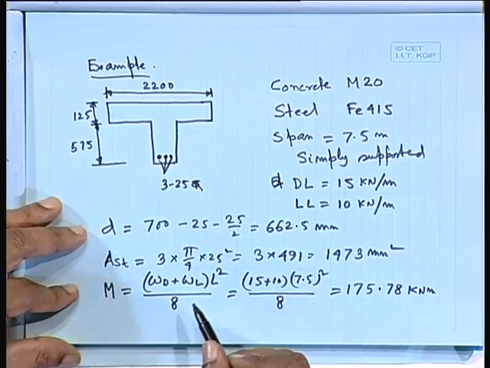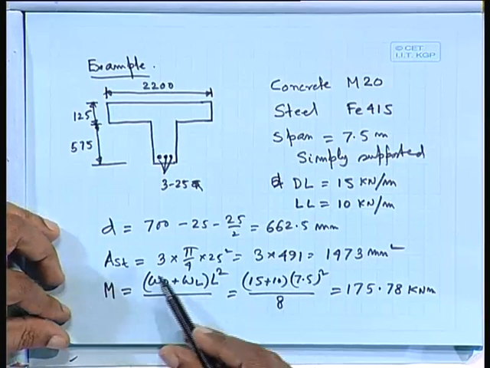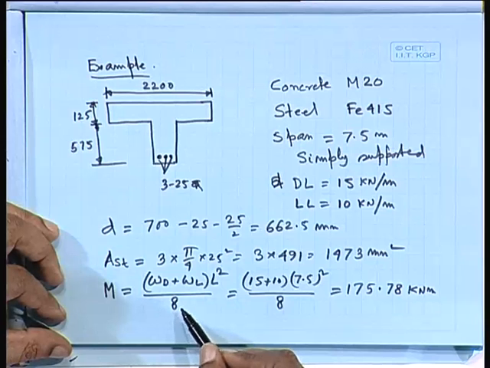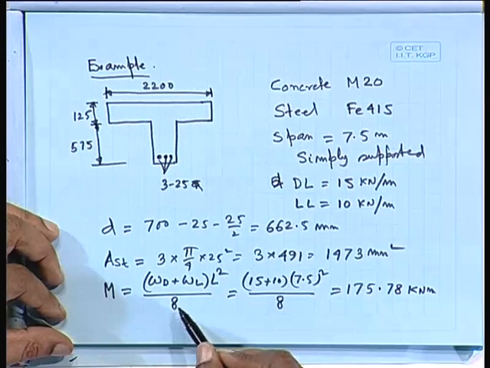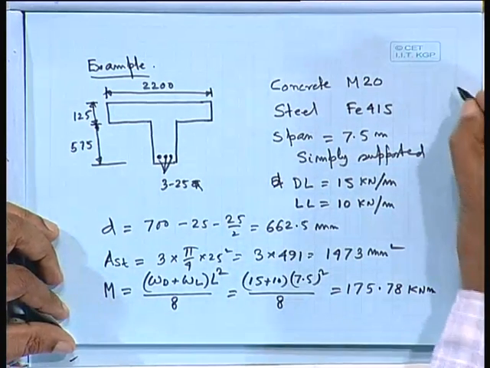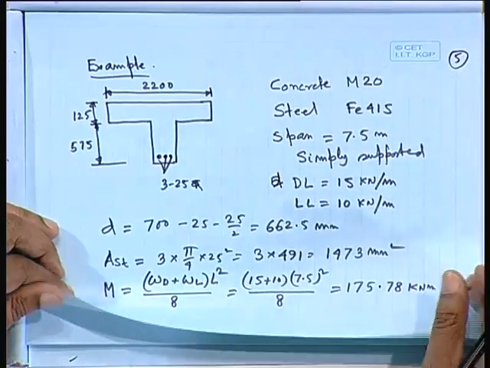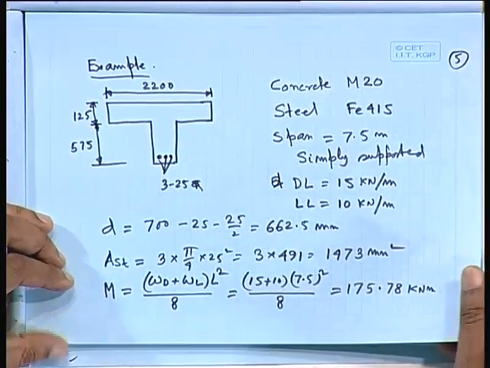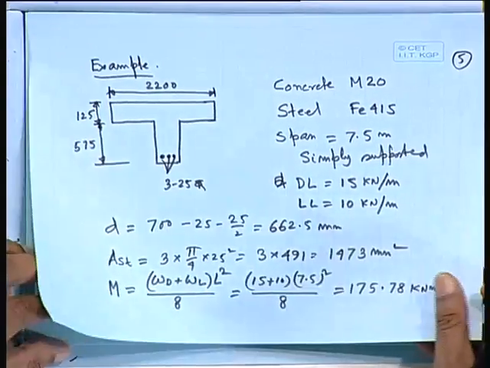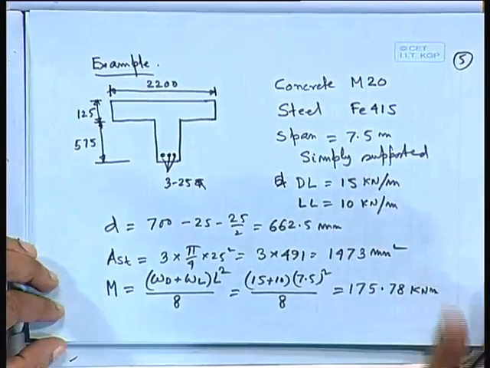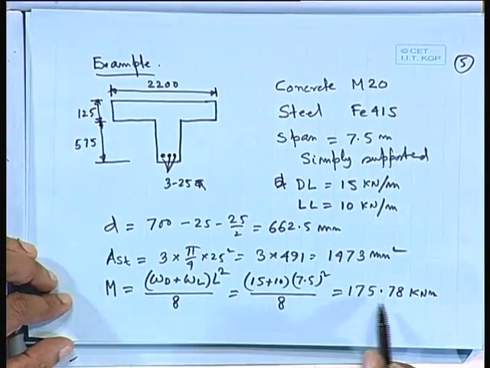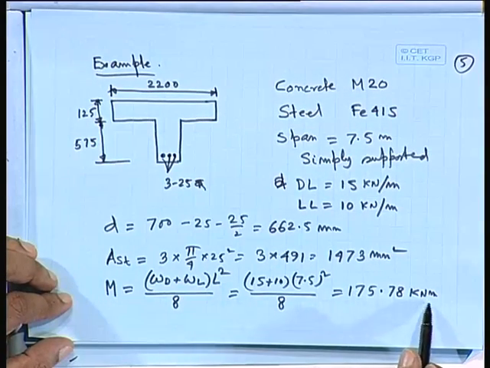So this M, that is the maximum moment under the service load, is one component we have got so far. So M we have got it 175.78 kilonewton meter.